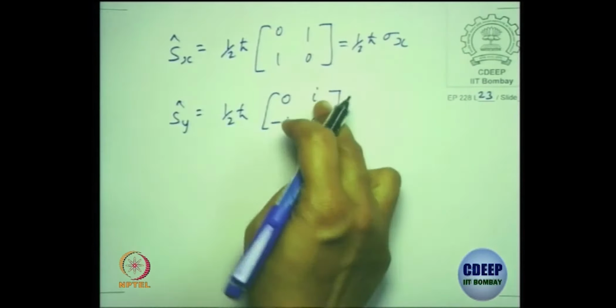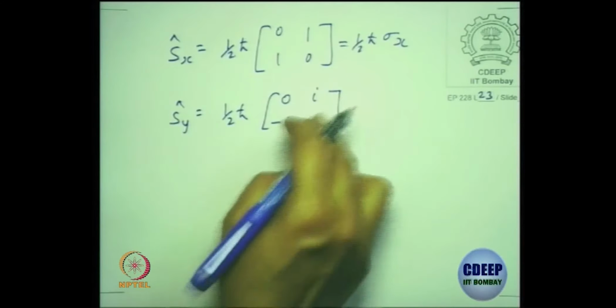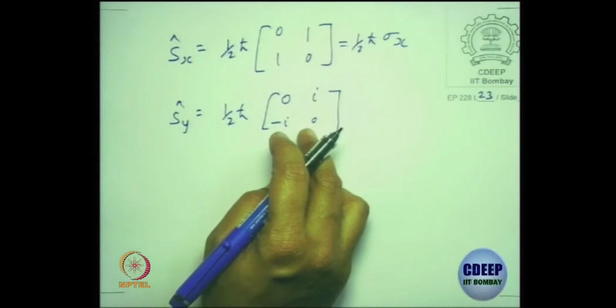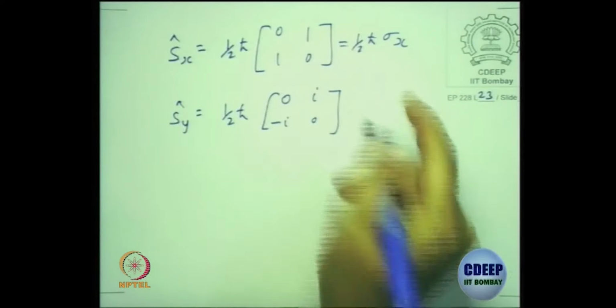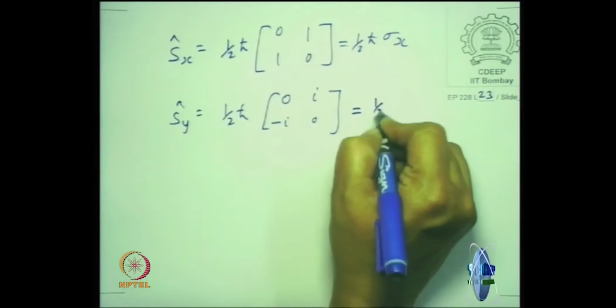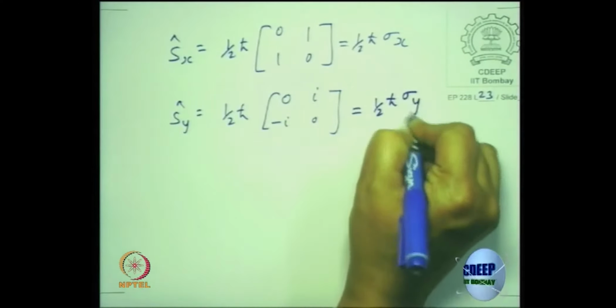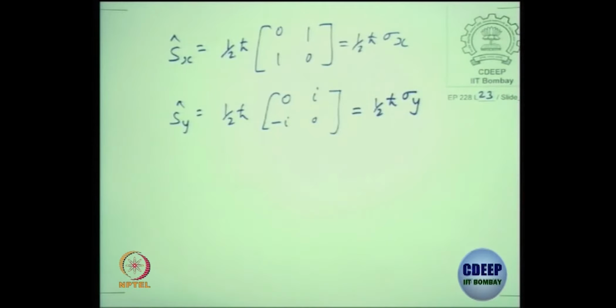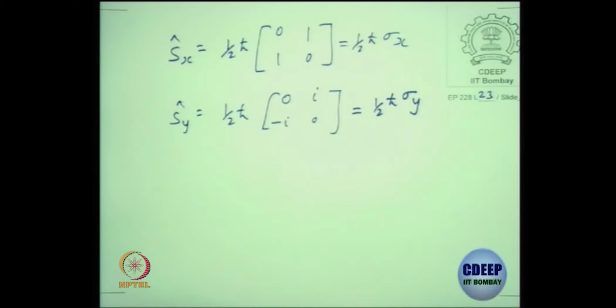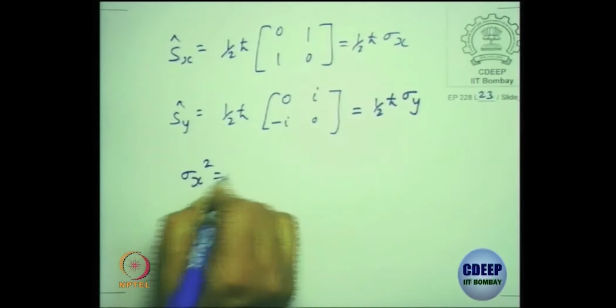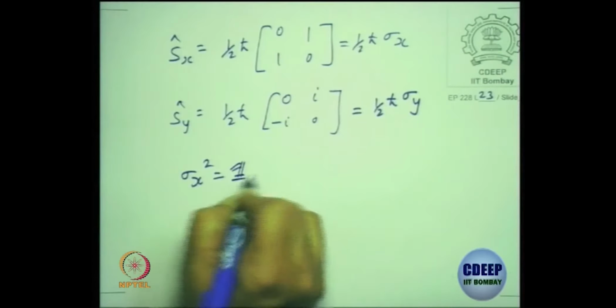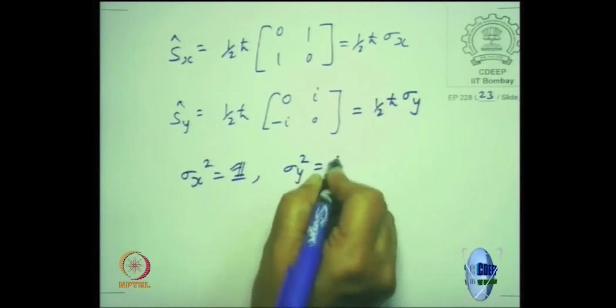If you blindly write I and I, it won't be Hermitian. Sigma y. They are traceless, eigenvalues are plus or minus 1, and they have the properties that sigma x squared is identity, sigma y squared is identity.